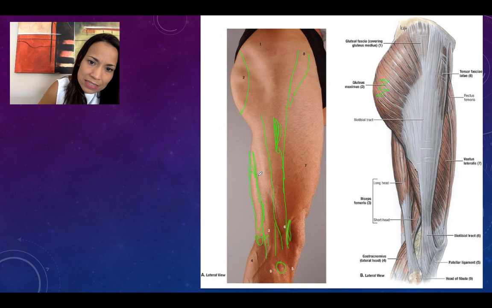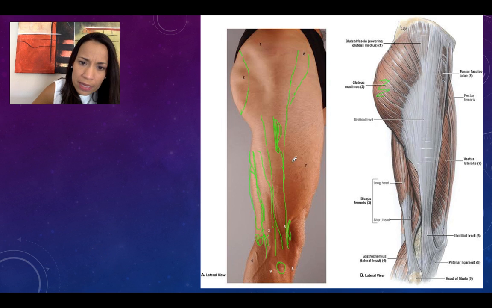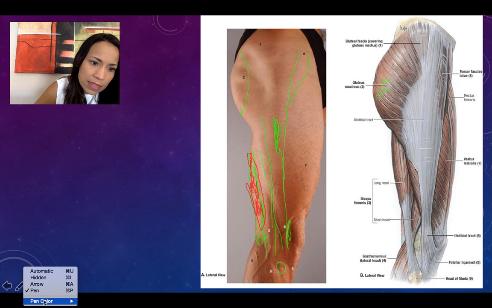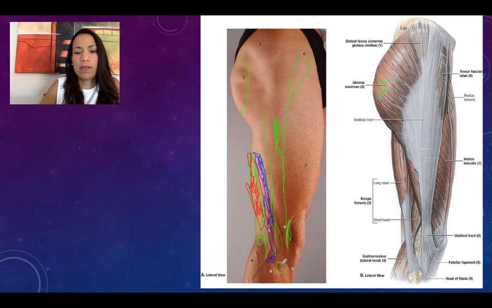And this is the short head of biceps femoris. Okay, so this is the long head, and this is the short head of biceps femoris, okay? And then you can see both attaching the tendon into the head of the fibula.